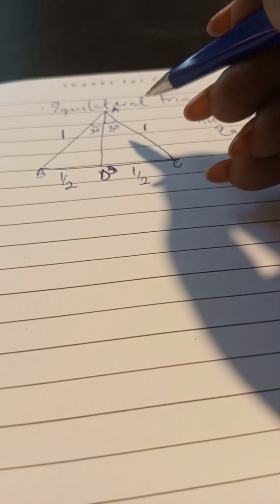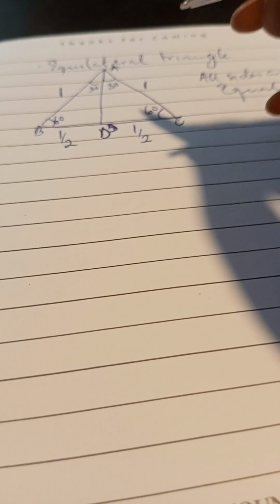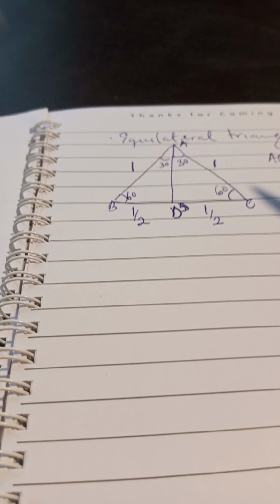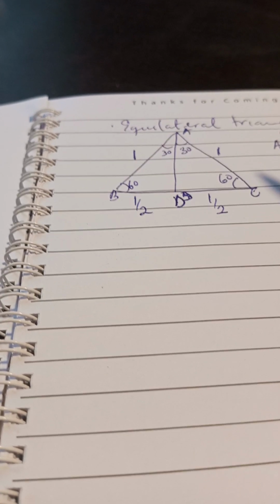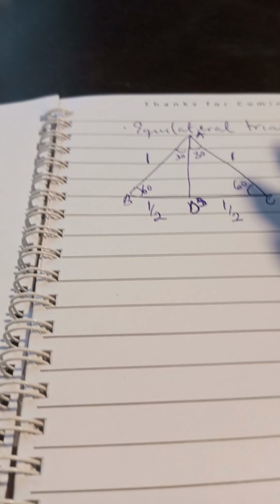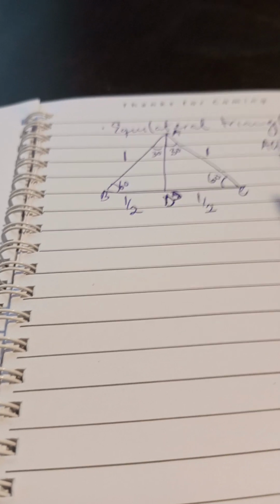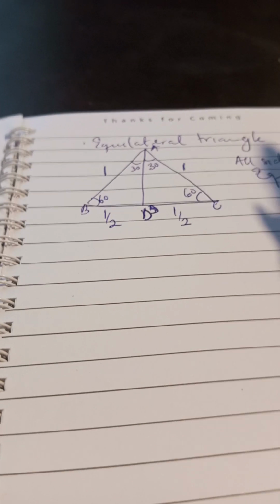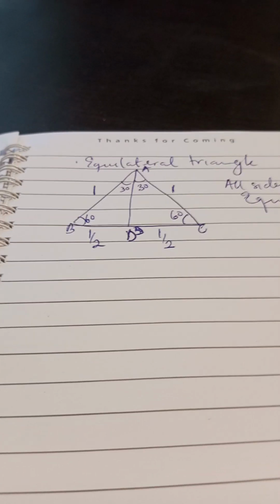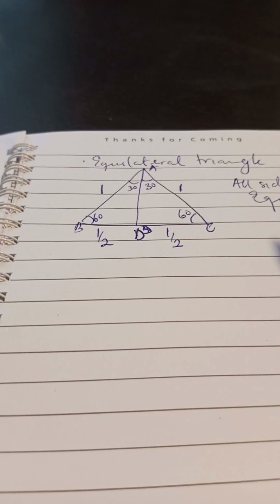And because it's an equilateral triangle, angle C is 60, angle B is also 60. So you can see that ABD and ADC are both congruent and similar to each other. Congruency and similarity is treated in maths, so we are not going to go there unless I'm running a maths lecture.